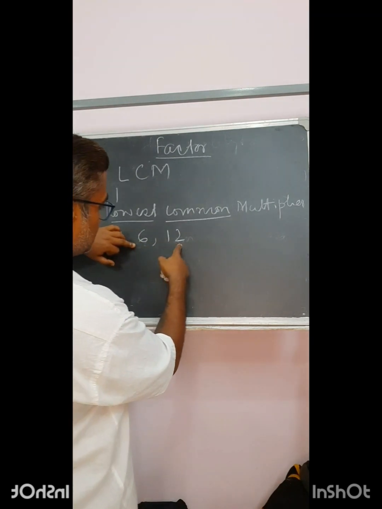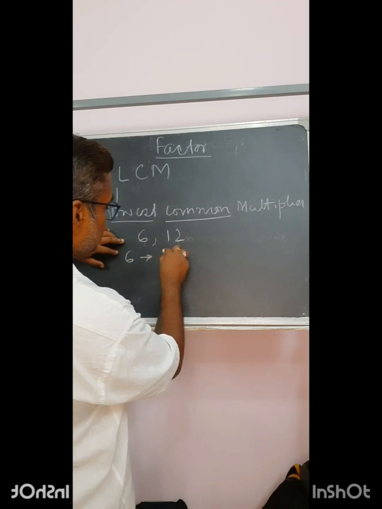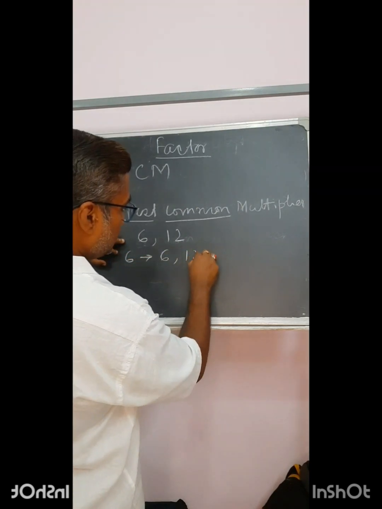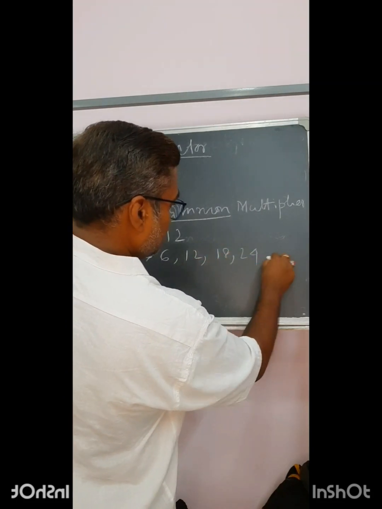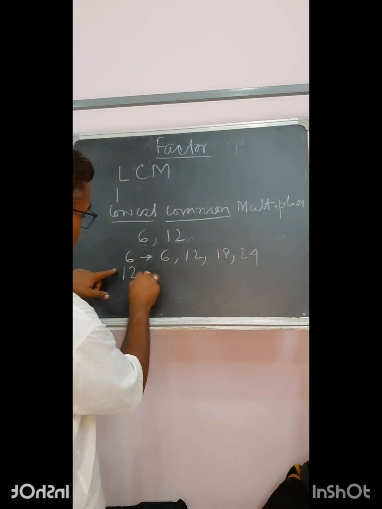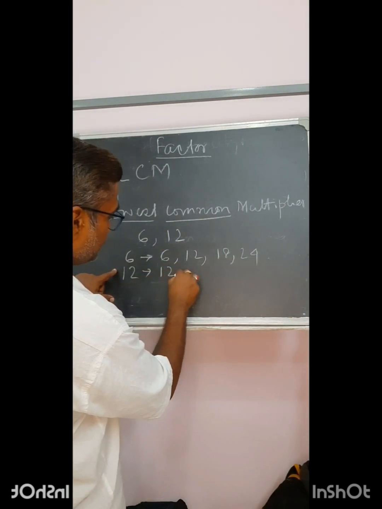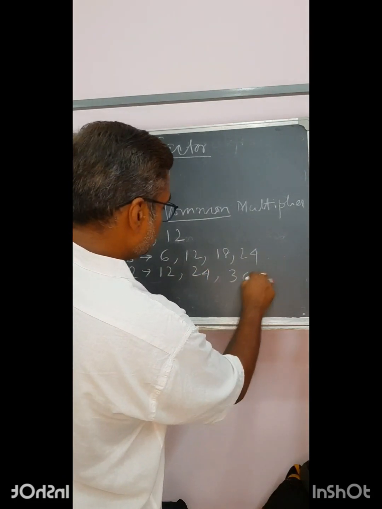So out of these two, if I take the multiples of 6, starting from 6, 12, then 18, 24, like that, it will jump 6 every time. If I take 12, it will start from 12, then 24, then 36, like that.